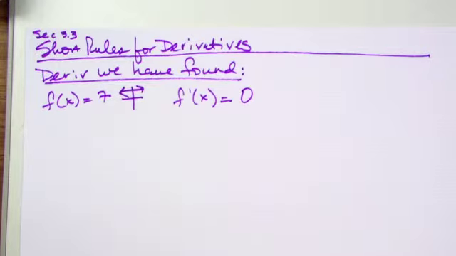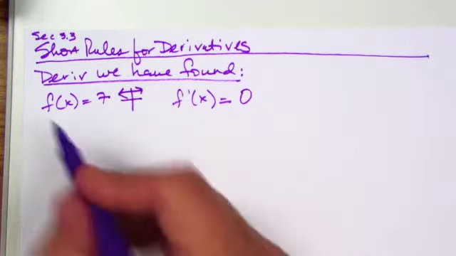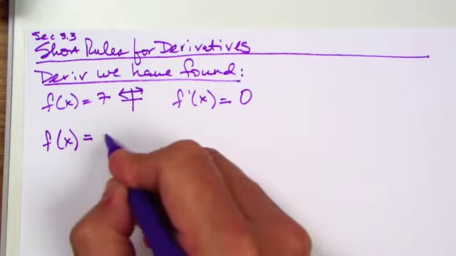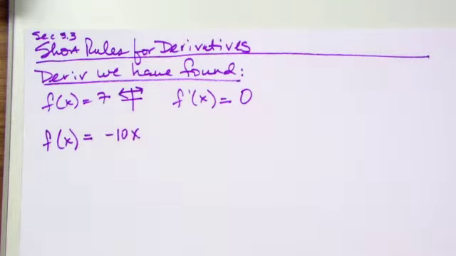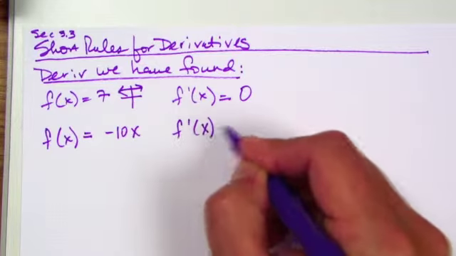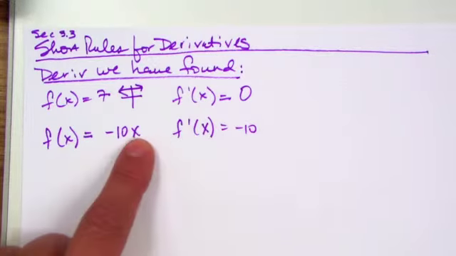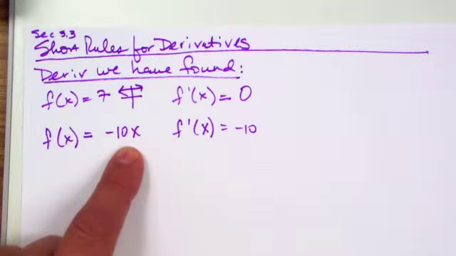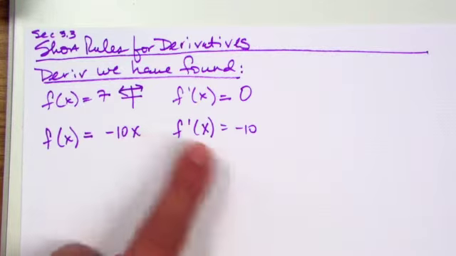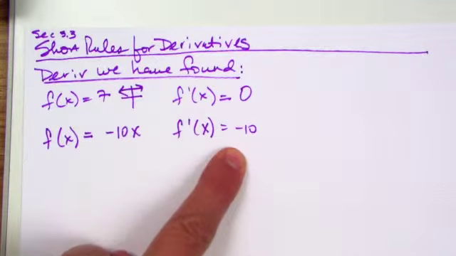So we don't have to do work for that one anymore. How about f of x equals negative 10x? f prime of x is negative 10, because f of x is a line, and every point on a line has the same slope. Because this is in slope-intercept form, the slope is negative 10.